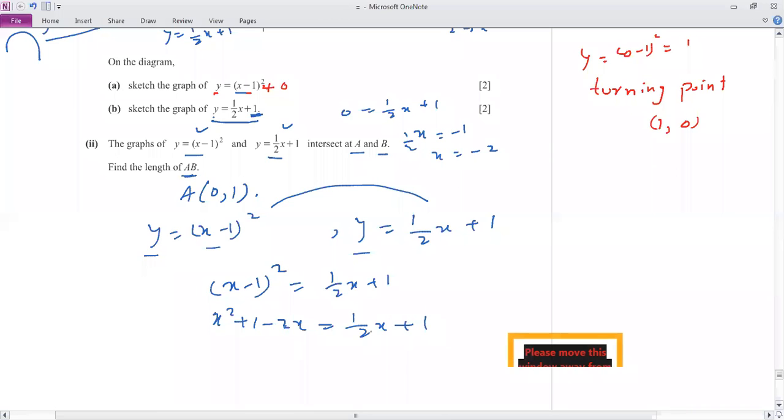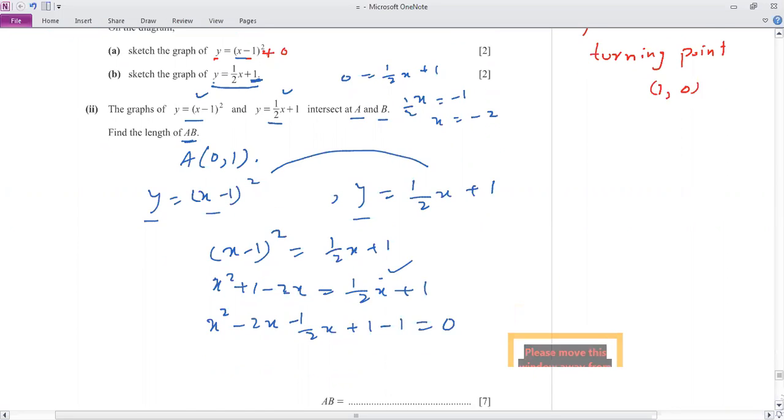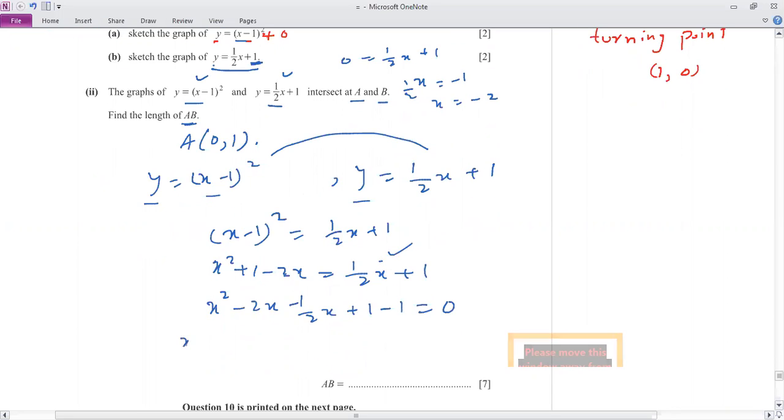So what I should do, I will bring all the terms to this side. This is x squared minus 2x minus 1 over 2x, then plus 1 minus 1 equal to 0. I shifted the whole of this side to the other side. So from here, x squared, minus 2x minus 1 over 2x. You can do minus 2 minus 1 over 2. Coefficients we always add or subtract.